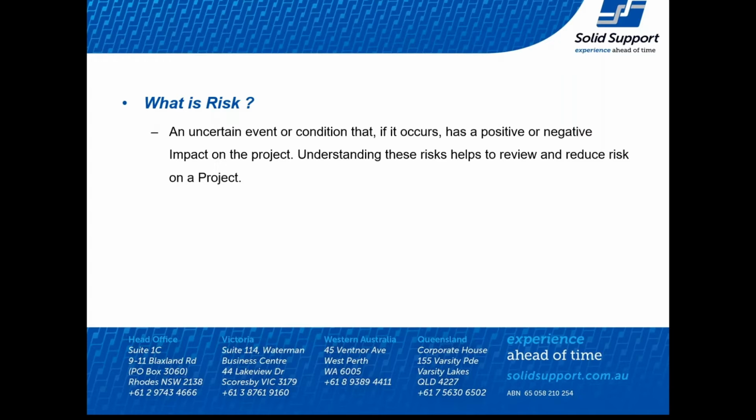The risk may actually have a positive impact on your project, because you could complete something faster than you expected. Understanding these items that are causing risk will help you reduce the risks on that project. That's really the aim of what we're going to do in the risks. There's a lot more to go into on it, but we're just looking at it as a starting point here.